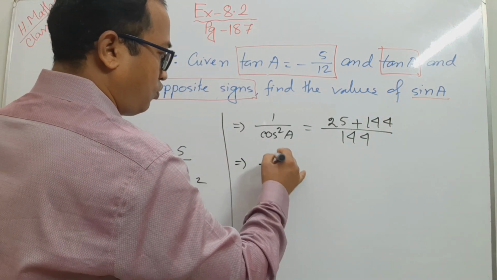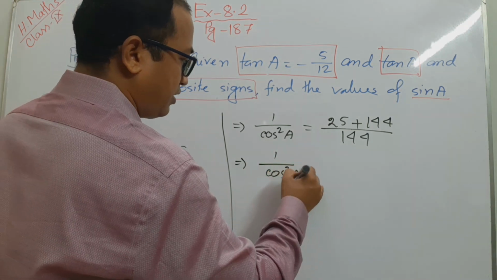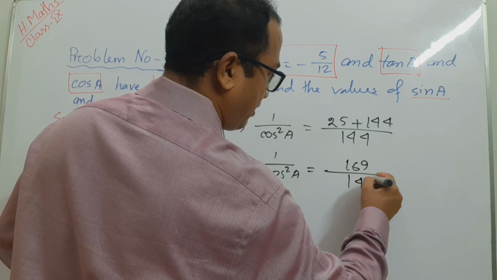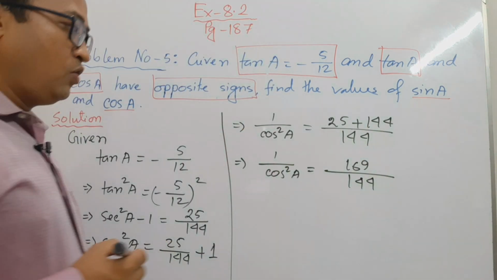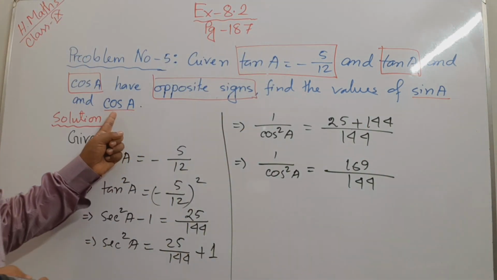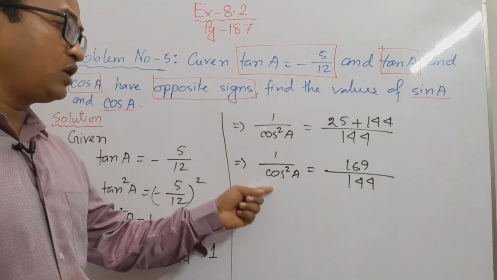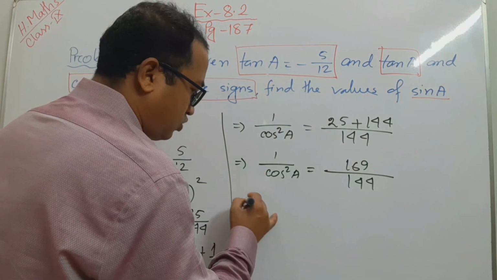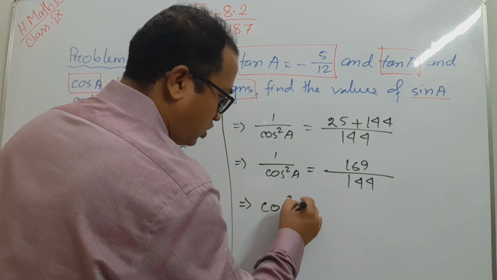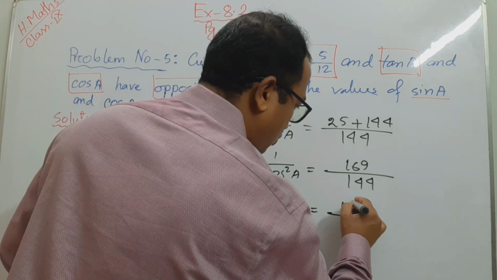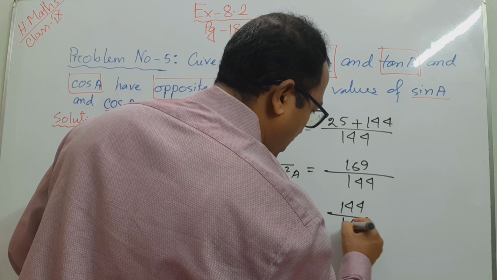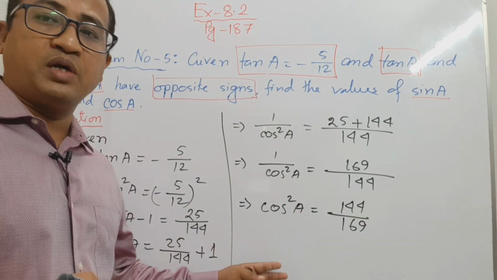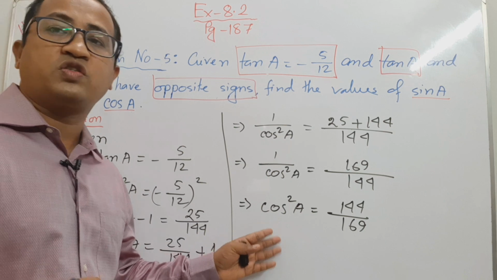So 1 by cos square A is equal to 169/144. We need to find the value of cos A, so we need the reciprocal. If you take the reciprocal, cos square A is equal to 144/169.